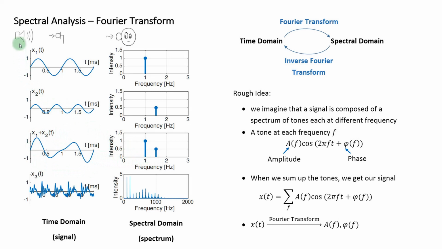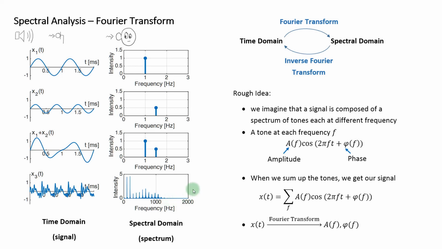Now, what would happen if you listened to something more complex? For example, if I played you the sound ah. If you recorded this sound with a microphone, you would actually get a signal that looks like this. But again, if you listen to it, you do not perceive those fast changes of the air pressure. What your ear actually does perceive is a fairly complex combination of intensities at different frequencies.